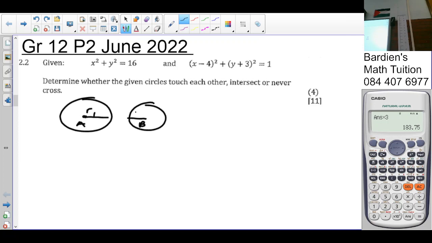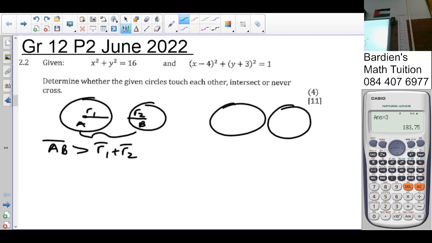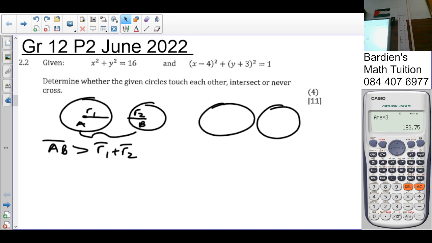With radii R1 and R2, if the distance between A and B is larger than the sum of the two radii, then they never touch.